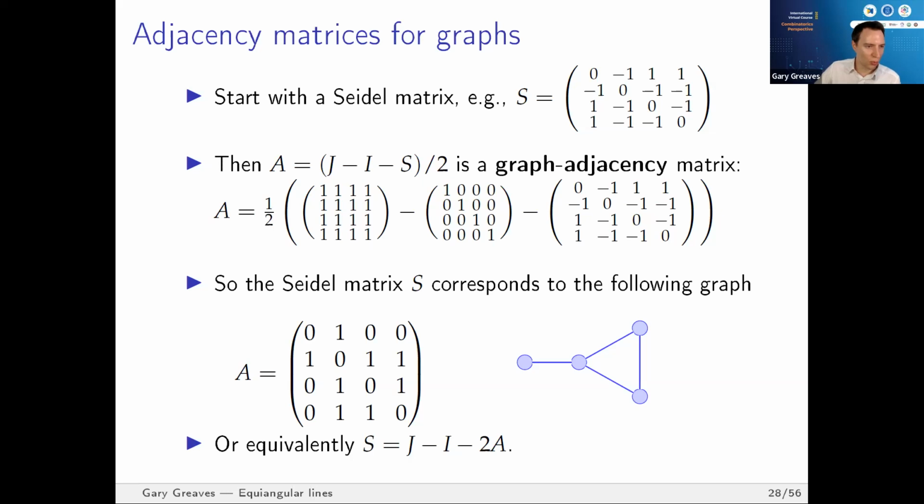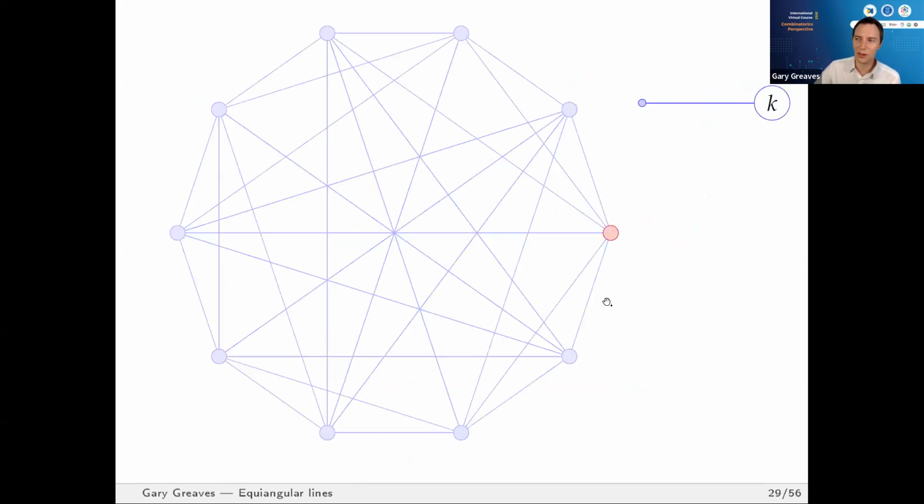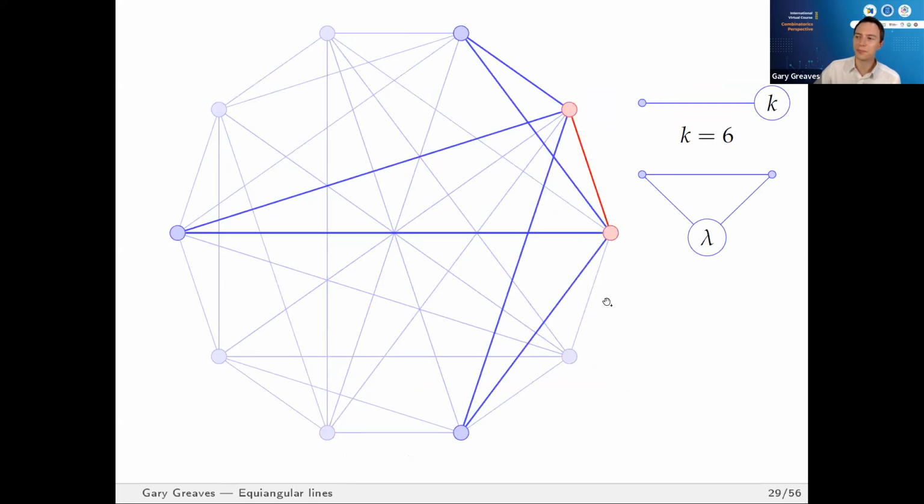There's another question: do we always get a regular graph corresponding to S? That's not true. You might not get a regular graph. This is not a regular graph here. We'll see more about the graphs we get from Seidel matrices.